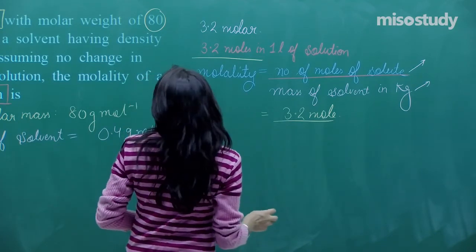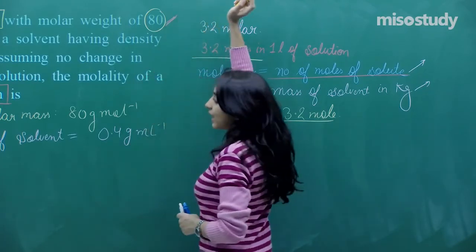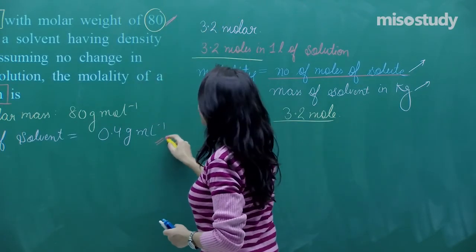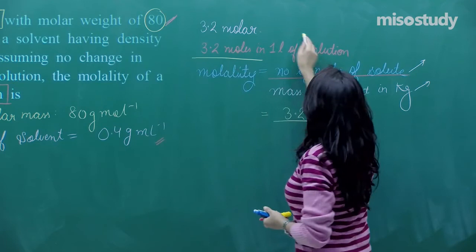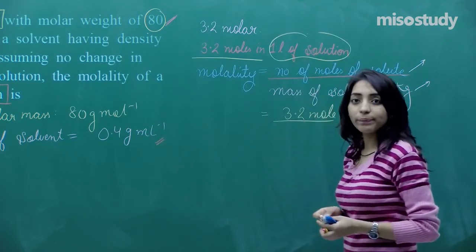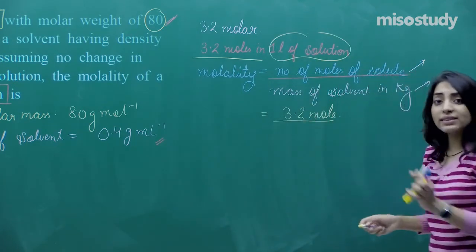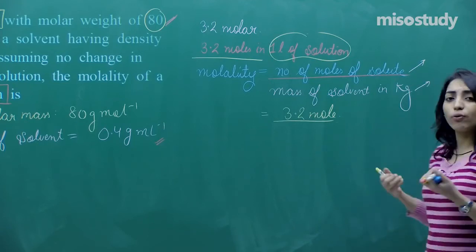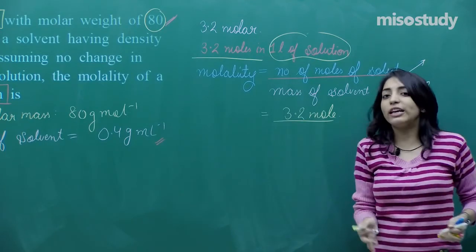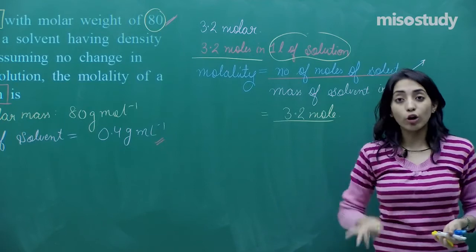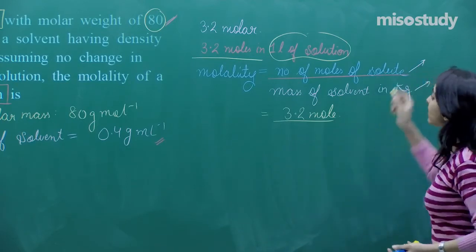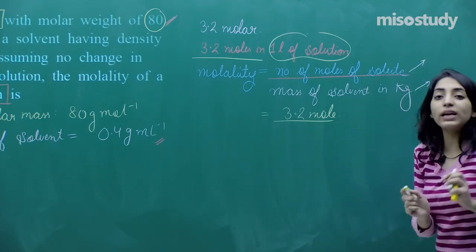Let's see. The molar mass is given to me as 80 grams per mole and the density is given to me like this. We know 1 liter of solution is given, right? There was an assumption in the question that the volume of the solvent doesn't change much when you are mixing the solute in it. So let us simply say the solution is too dilute.